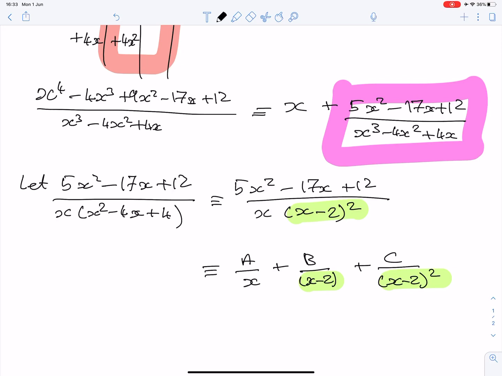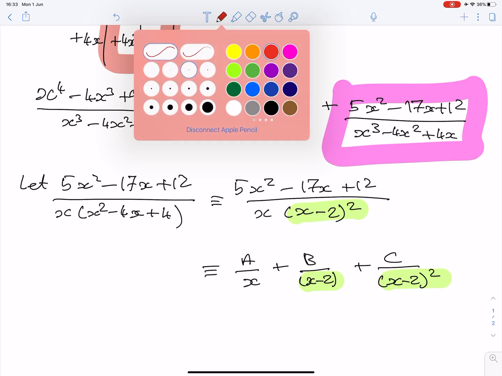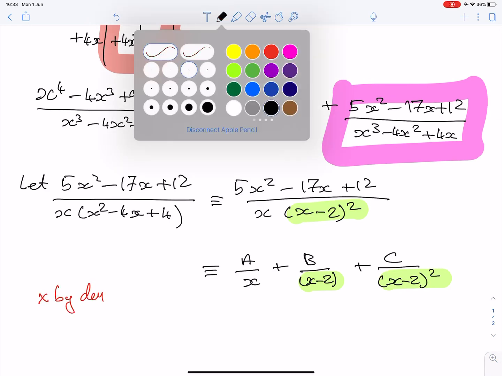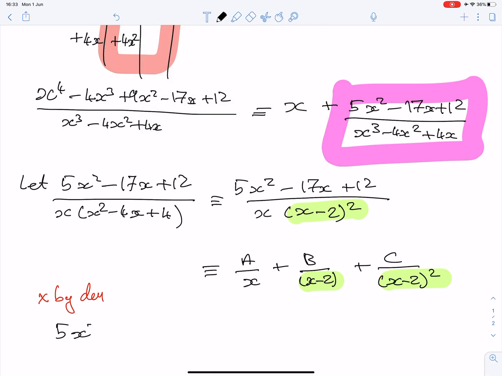Multiplying through by the denominator, as we usually do, we get 5x squared minus 17x plus 12 is identical to a lots of x minus 2 squared, because the x is cancelled, plus b lots of x times x minus 2 plus c x.